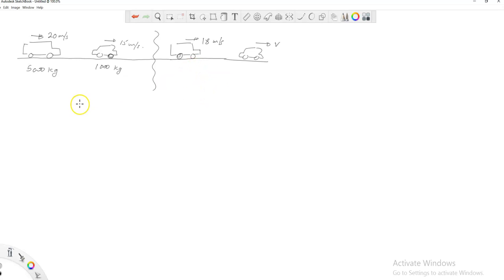Okay, so now this is our final side, this is our initial side. So we can say momentum P final equals P initial.